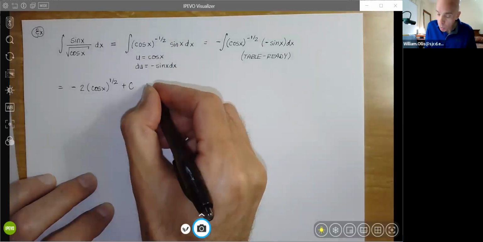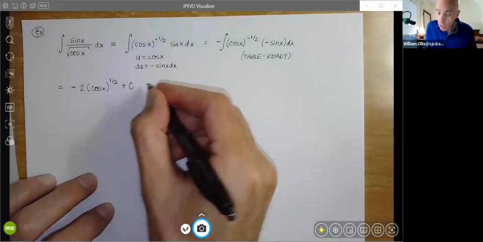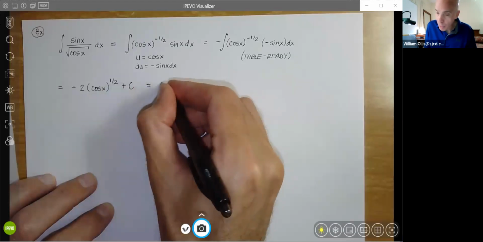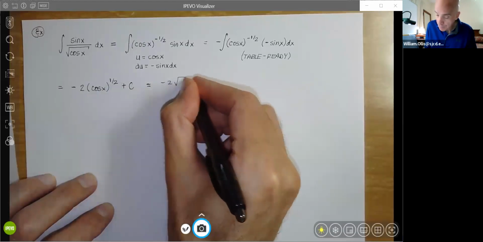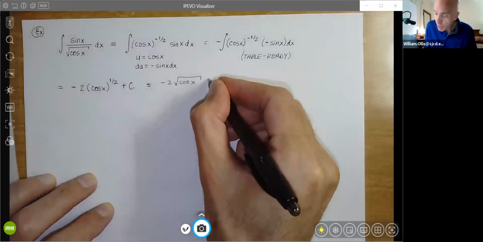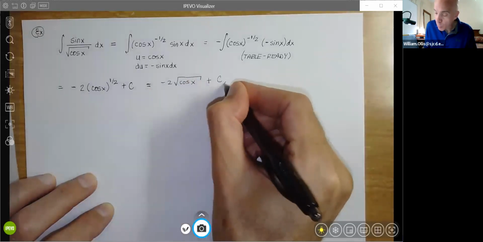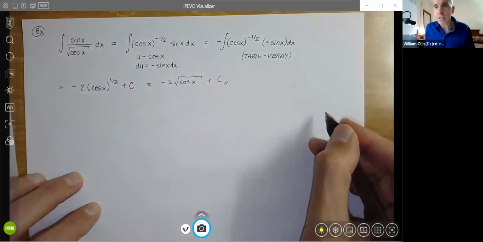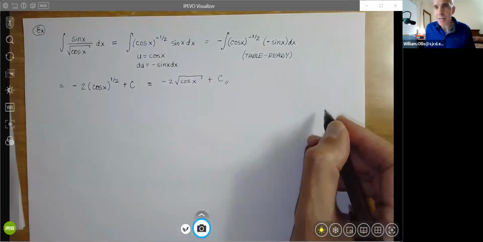Now, of course, if you wanted, you could just write this with the radical notation. You can always dress up your antiderivative. You can factor it. You can get common denominators, things like that. That's not always required because WebAssign is very flexible.